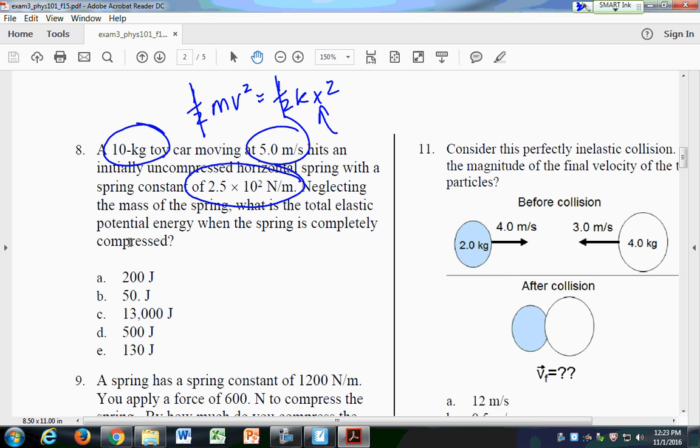So I get rid of my halves. I have the mass, which is 10. Gavin, did you have a question? That's your k, right. Your spring constant is your k value. That's 250 times x squared. And then you solve for x. It turns out to be 10 times 25, 250.